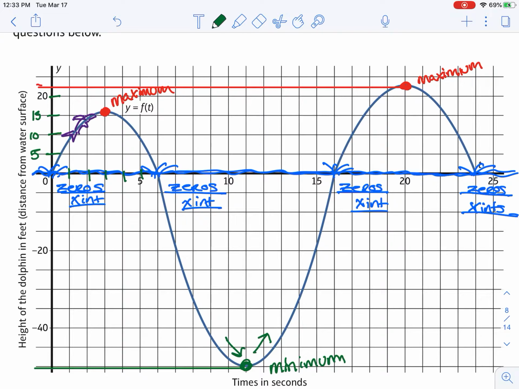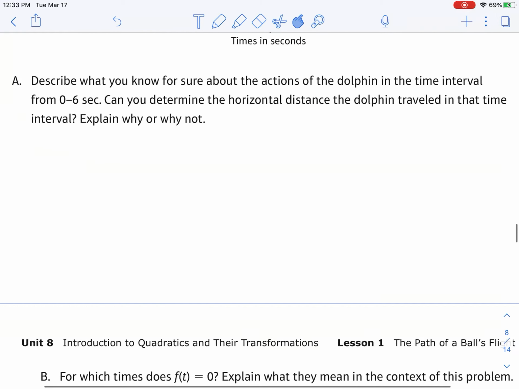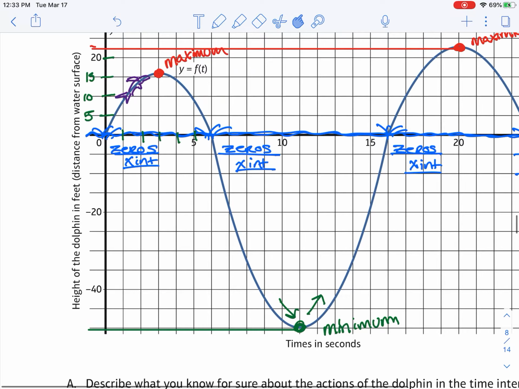Okay. So from there, now that we've labeled our graph, we can talk about all of these questions down here. So it wants you to describe what's happening between 0 and 6 seconds, which is what's happening right here.